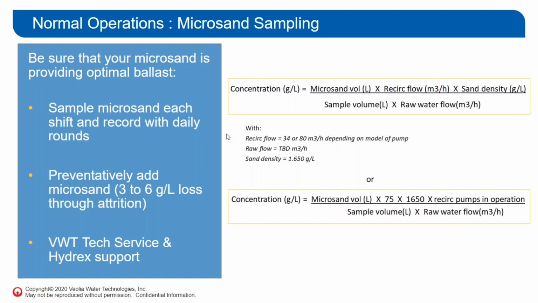And it's going to be different for a lot of different plants. So if you have questions about your specific application, I'd be more than happy to talk about it either in Q&A, or when you fill out that survey to get a good gift card later on. But just know that adding half a bag or a bag of sand a day isn't uncommon, because you're losing that sand through attrition.